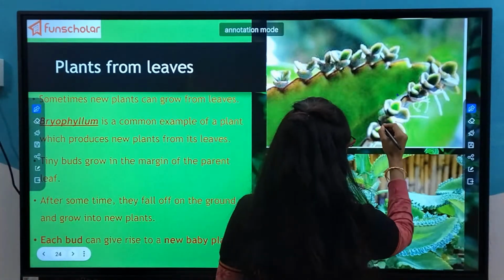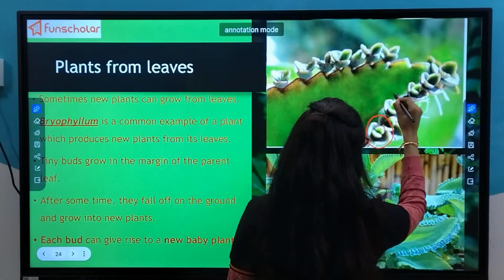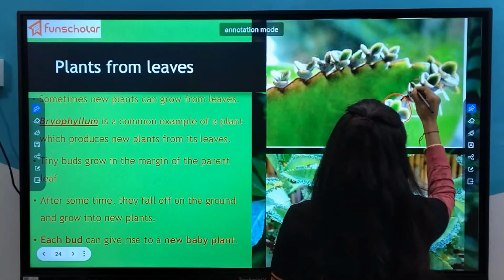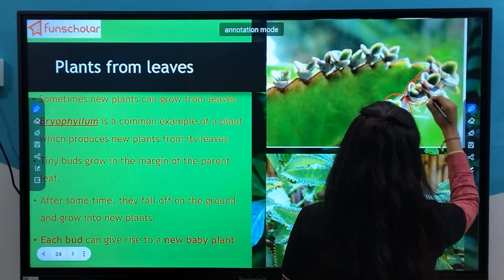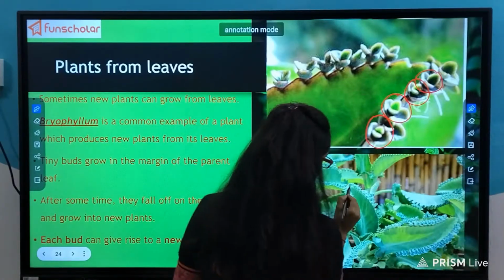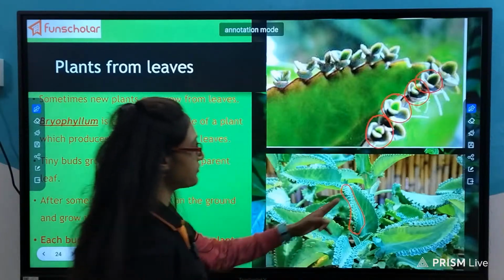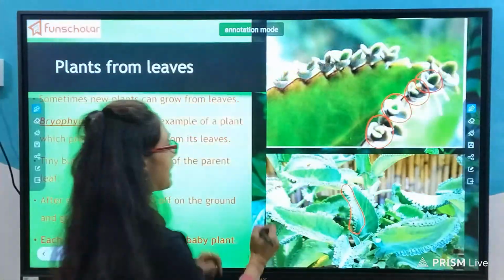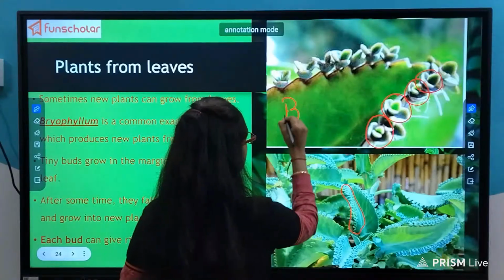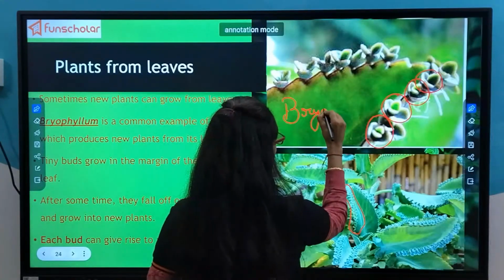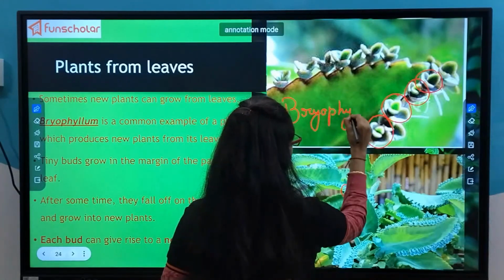See, small, little plants are being formed on the margin of the leaves. See, on the margin of the leaves, small buds are being formed. This plant is known as bryophyllum.